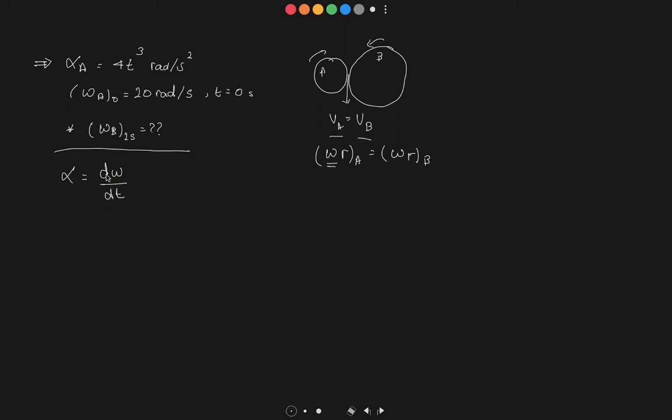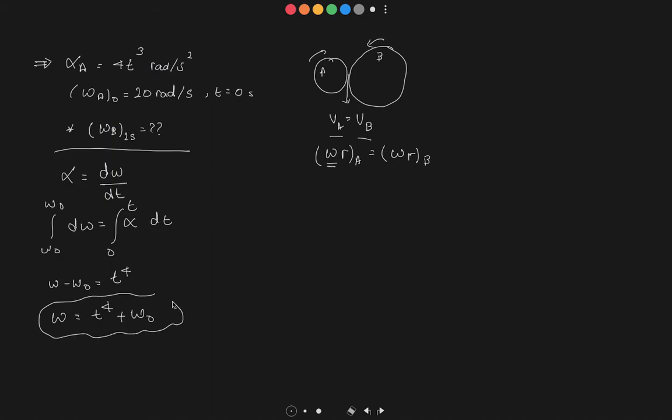If we separate variables, we get d omega equals alpha dt. Now we integrate between limits, the initial angular velocity and the final one, and between 0 and the final time. Carrying out the integration, we get omega minus omega naught, the final omega minus the initial omega, equals t to the power 4. Hence, the final omega equals t to the power 4 plus the initial omega. This is the equation we need to work with.